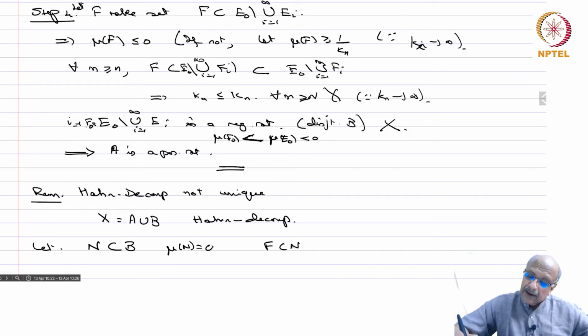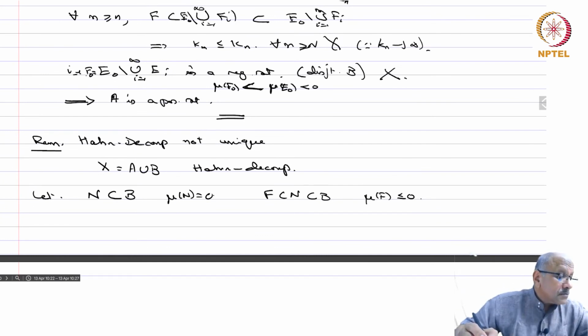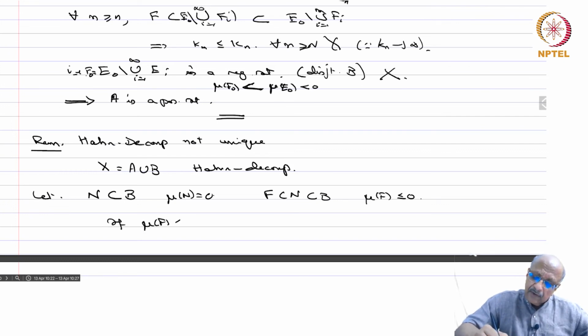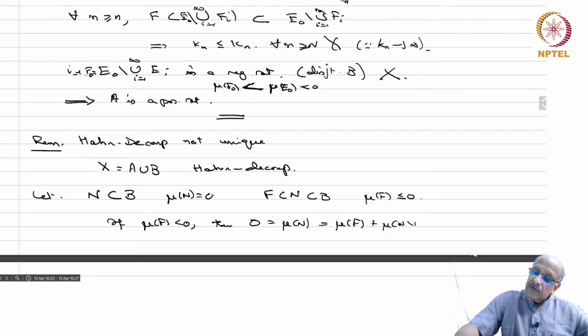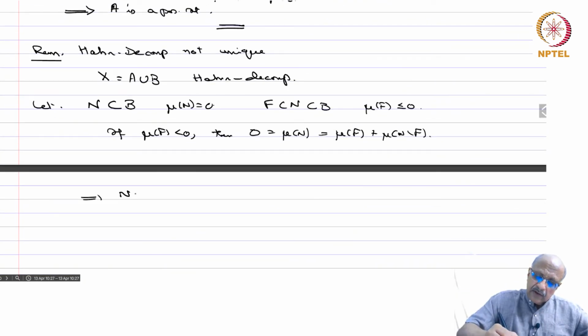So N is contained in B, F is contained in N, so mu of F is less than or equal to 0. If mu of F were strictly negative, then mu of N, which is equal to mu of F plus mu of N minus F, would mean mu of N minus F is strictly positive.